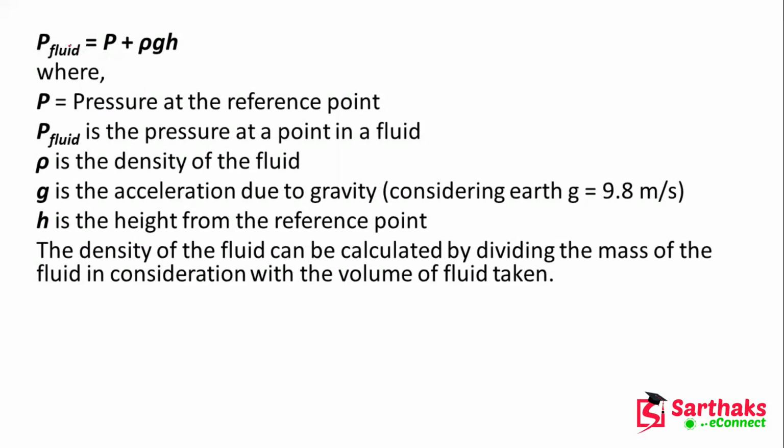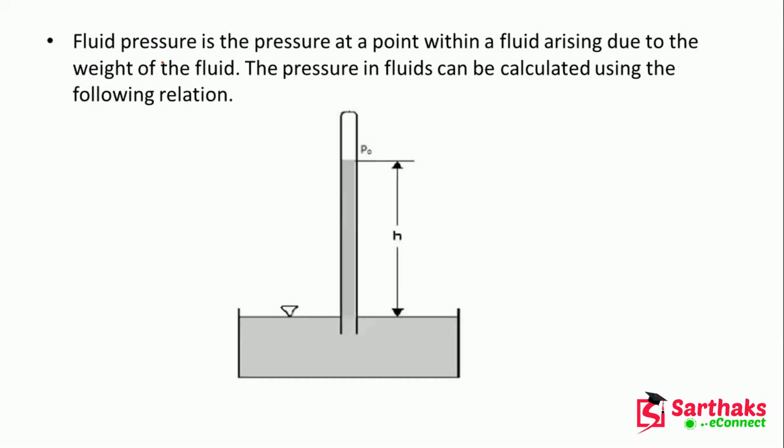Now the fluid pressure is P plus rho g h, where P is the pressure at the reference point, and P fluid is the pressure at a point in the fluid. Rho is the density of the fluid. g is the acceleration due to gravity. h is the height from the reference point. So P fluid equals P plus rho g h, right?